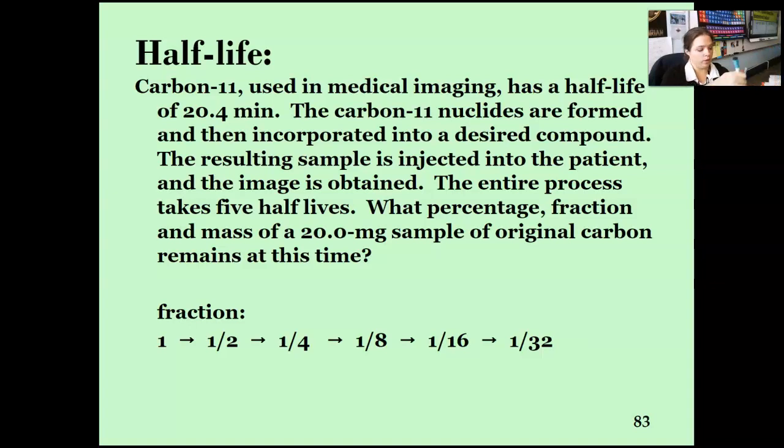Okay, the last one is the mass. So we start with a 20 milligram sample. I'm going to erase what I have, and we're going to do the 5 lines again. 1, 2, 3, 4, 5. I'm going to start with the 20 milligram sample, and I'm going to keep milligrams across, knowing that it's all milligrams.